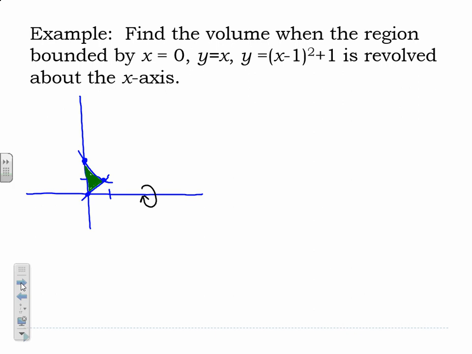Right now we only know how to rotate about a horizontal axis, and we only know how to find the volumes of discs and washers. So if we draw a vertical rectangle with thickness dx, we know that when we rotate around the x-axis, we're going to get these washers. You can imagine rotating it around and we have these thin washers.